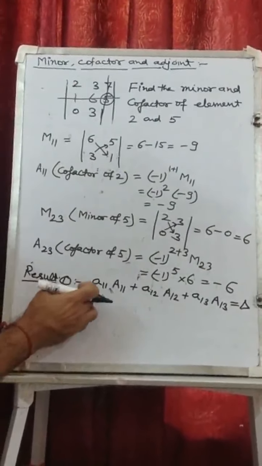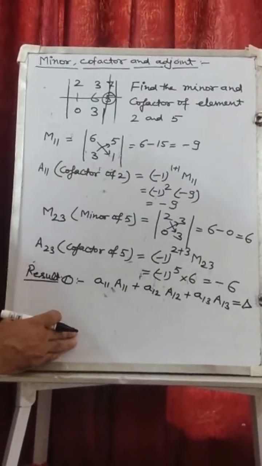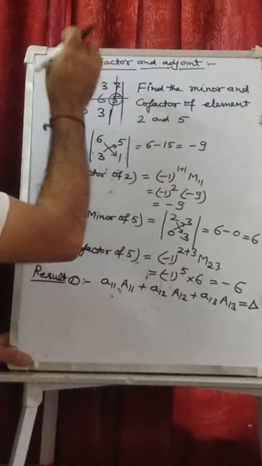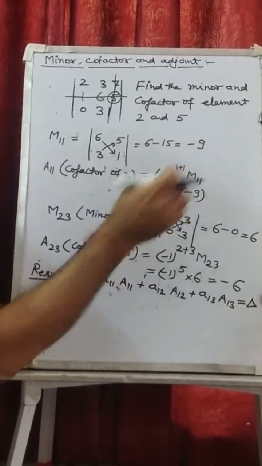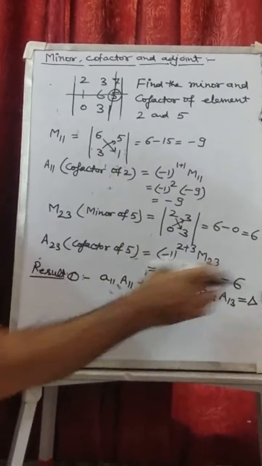We may write it with respect to any row or any column. The condition is that the cofactor of the same element must be multiplied with that element, and if we add these, then this will give us the value of the determinant.